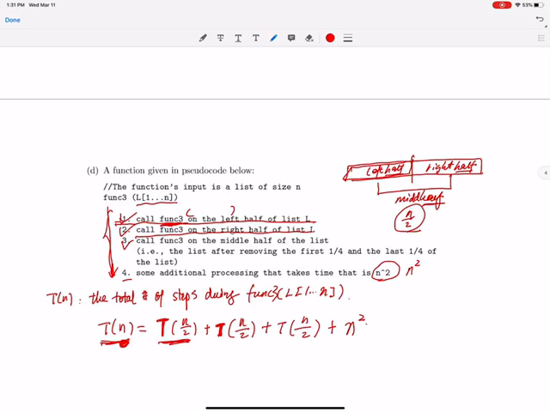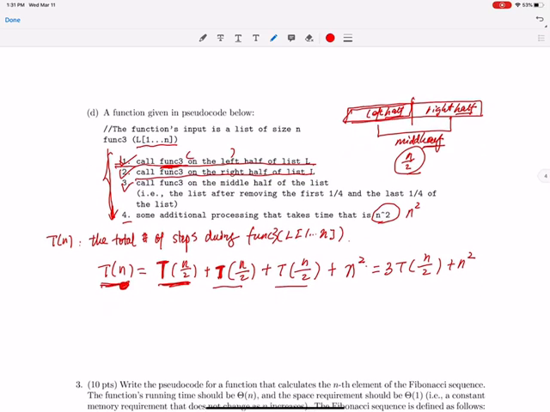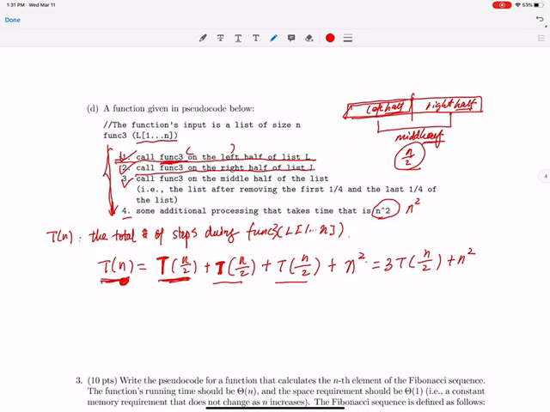So that's all. Combining the same terms, we get 3T of n over 2 plus n squared. For this recursive formula, we could use the master theorem.